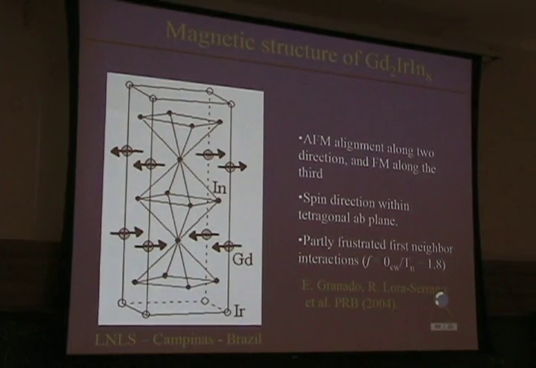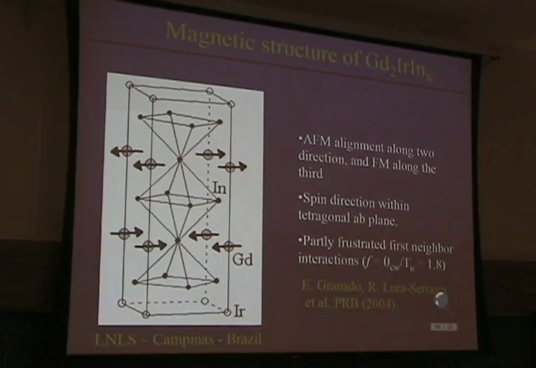Actually, Raimundo Lora Serrano, who is seated up there, in his thesis determined by X-ray magnetic diffraction 6 magnetic structures of unknown compounds using synchrotron radiation. And that was, to the best of our knowledge, the first time that unsolved magnetic structures were determined by magnetic X-ray diffraction in Latin America.